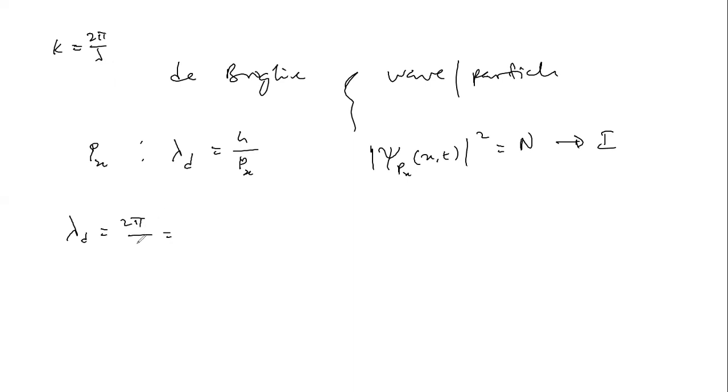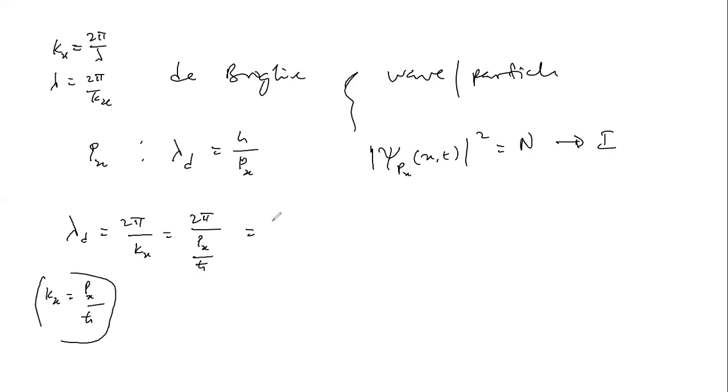So it means that this lambda will be the same as 2 pi over k sub x, which is the wave number. And we also showed that k sub x is the same as p sub x over h cross when we compared our solution with the plane wave. So we can plug that in, and this is going to give us 2 pi h cross over p sub x.